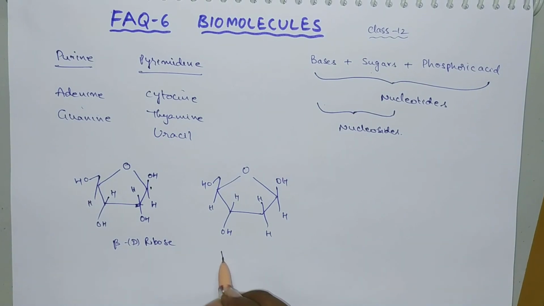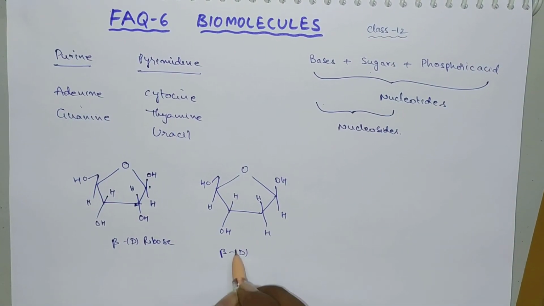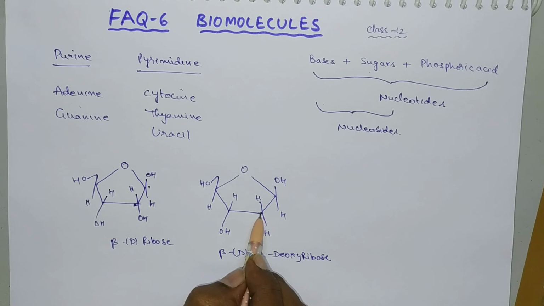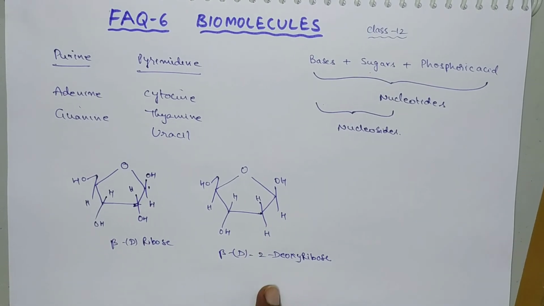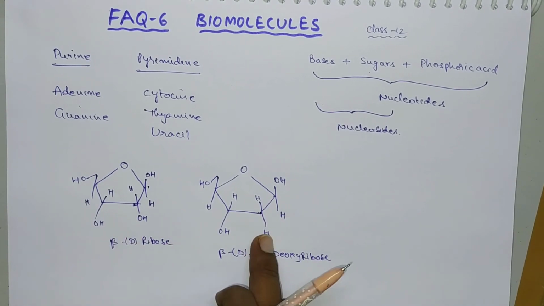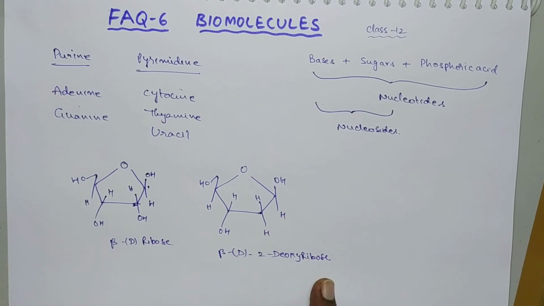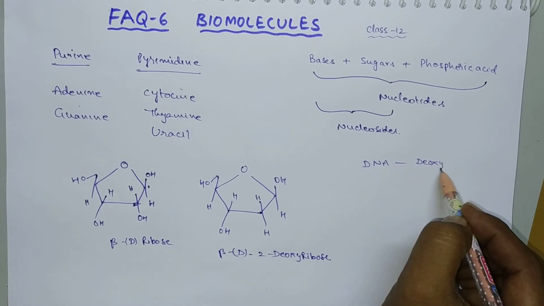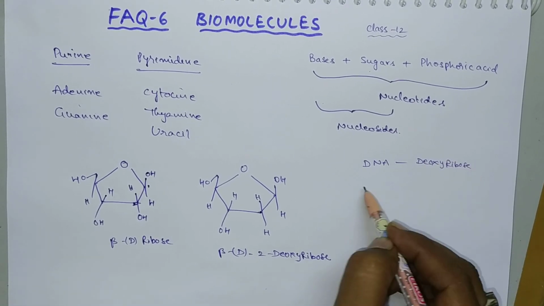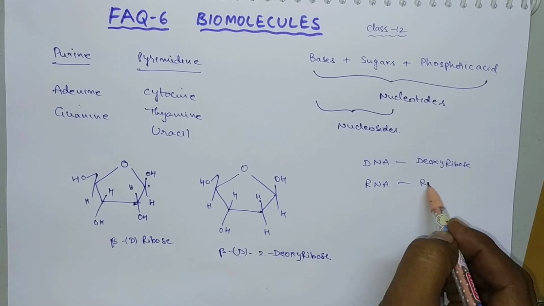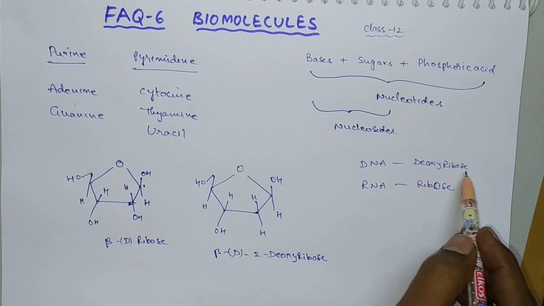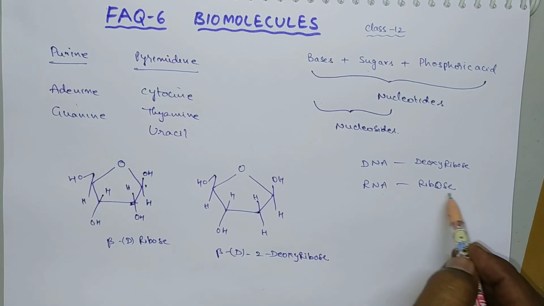This is beta D 2-deoxyribose. 2-deoxyribose means at the second carbon one oxygen is not there. DNA consists of deoxyribose sugar, whereas RNA consists of ribose sugar.